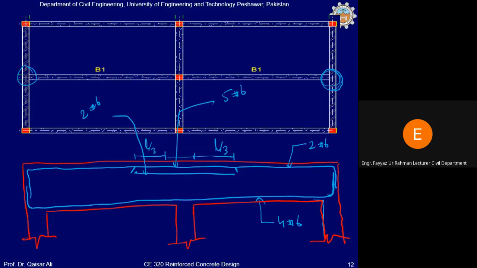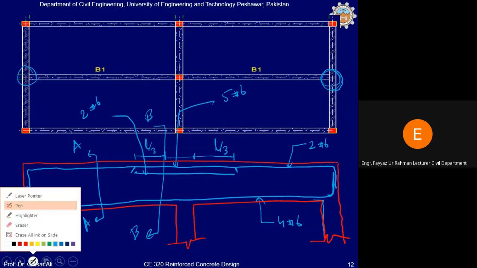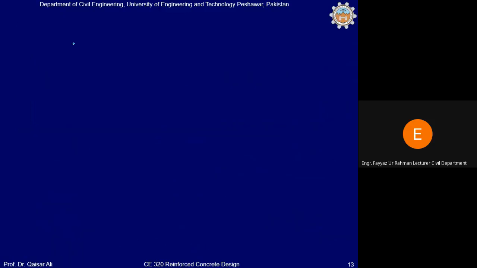तो अब अगर हम फॉर एग्जांपल इनकी सेक्शंस बनाएं, फॉर एग्जांपल सेक्शन ए, this is section A, and at the interior support, for example, if we take another section, section B, तो ये अगर हम बनाएं, यहाँ पर आप देखें section A will look like this.